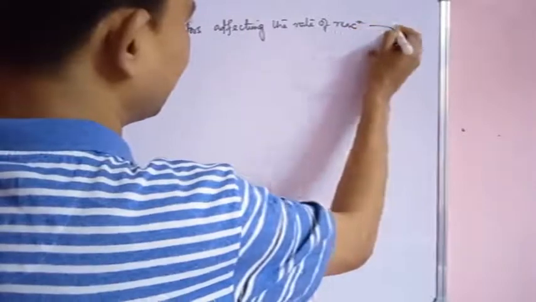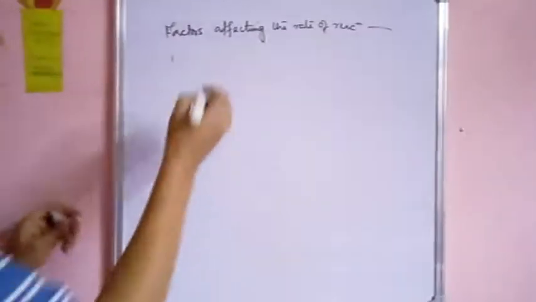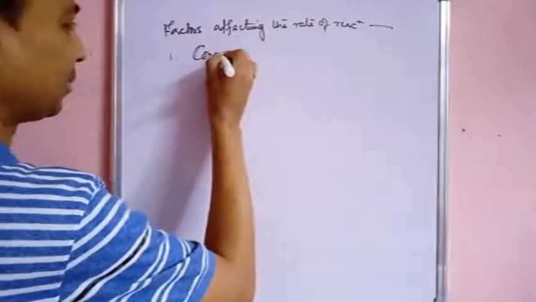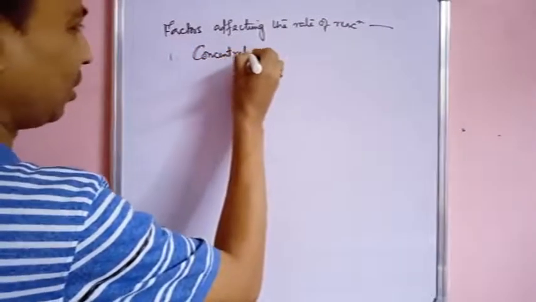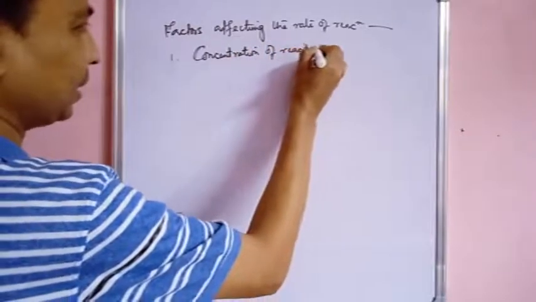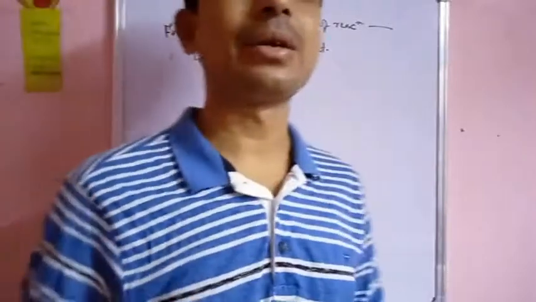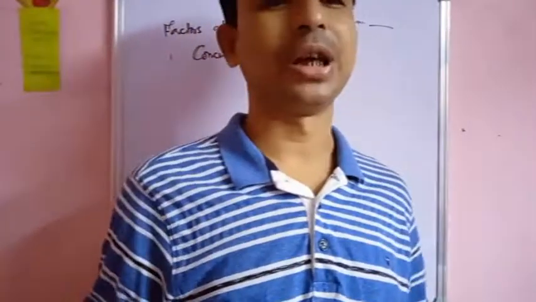Okay, so there are certain factors which affect the rate of reaction. Number one is concentration of reactant. As the reactant concentration increases, rate of reaction also increases.